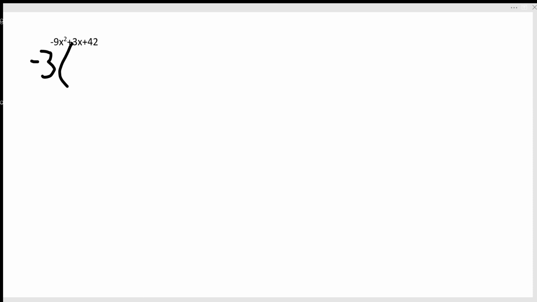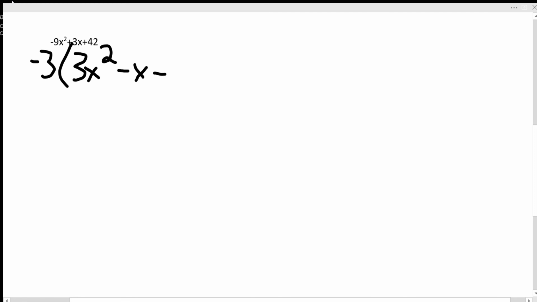So when we factor out a negative 3, we'll be left with 3x squared minus x minus 14, since 42 divided by negative 3 is going to be negative 14. So our next step, of course, is to multiply our 3 by our negative 14.